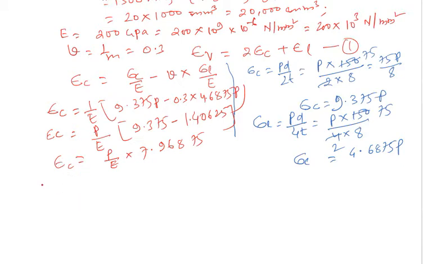Got the value of epsilon C. Now epsilon L is equal to how much? That is sigma L by E minus mu, that is Poisson's ratio, into sigma C by E. Correct.